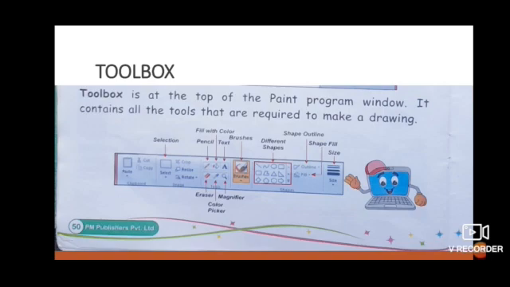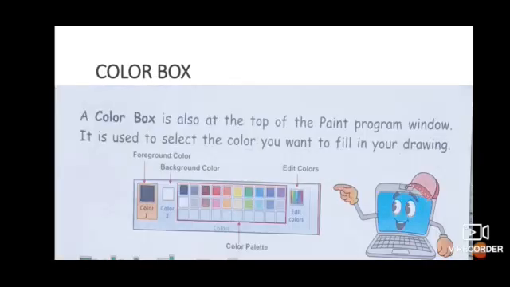All the tools are there that are required to make a drawing. And the next box is the color box. Now what is the color box? The color box has all the colors which you can fill in your drawings.